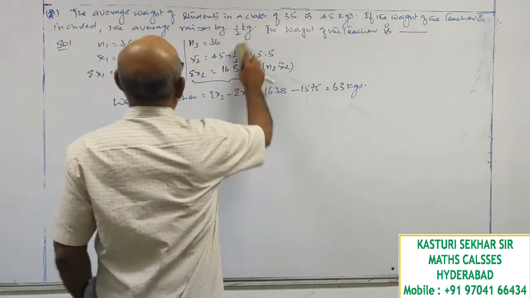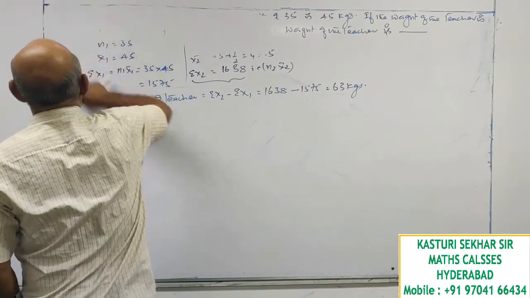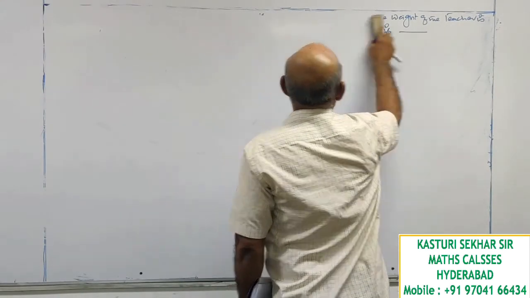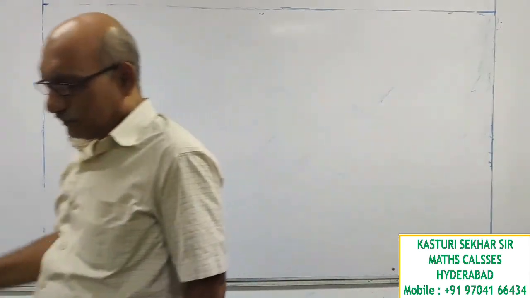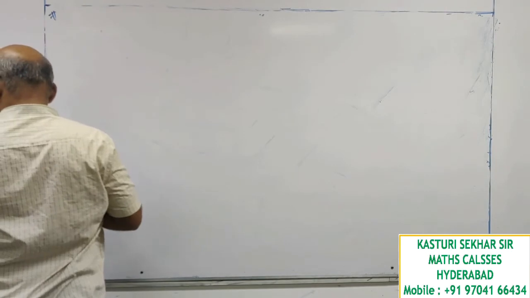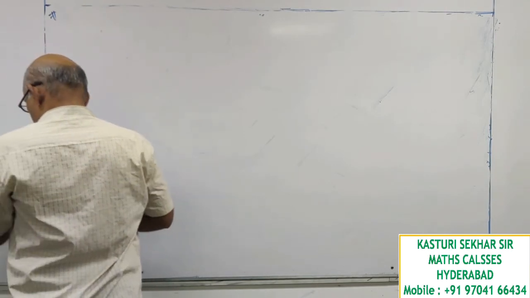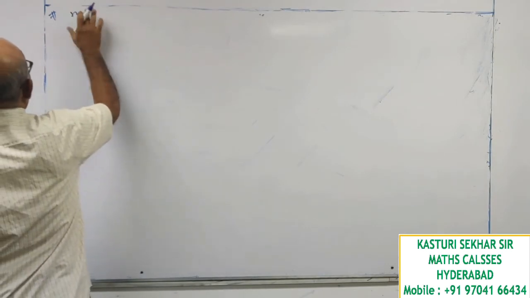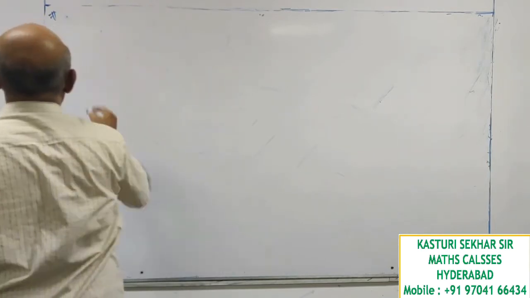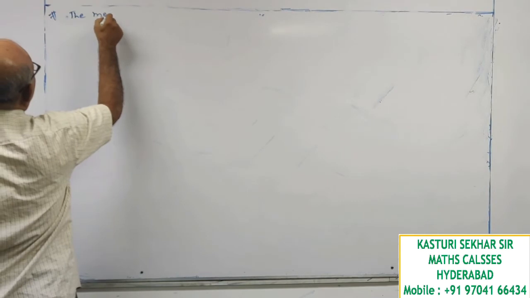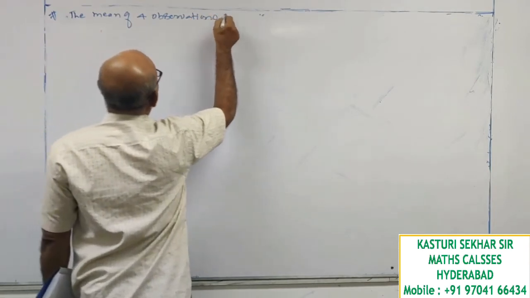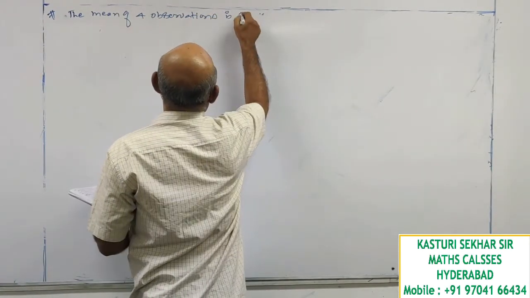Next question, sir. The mean of four observations is 10.